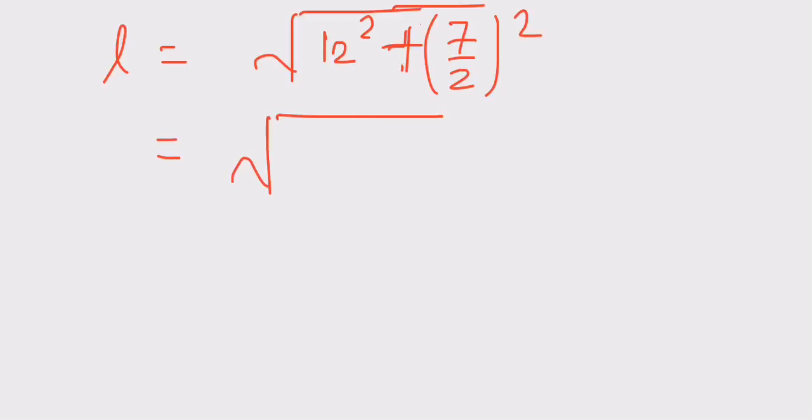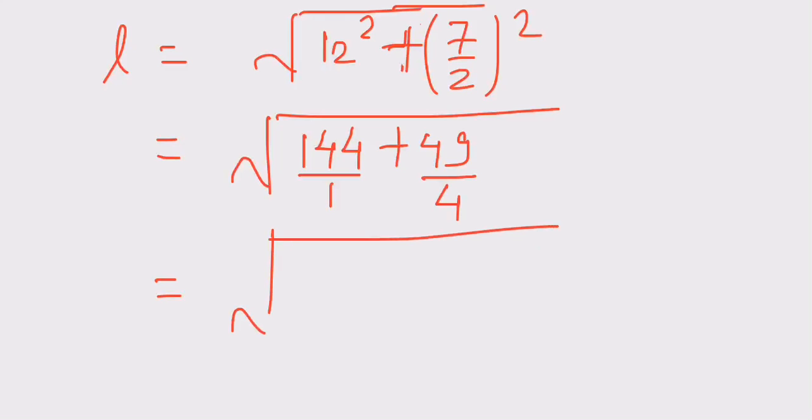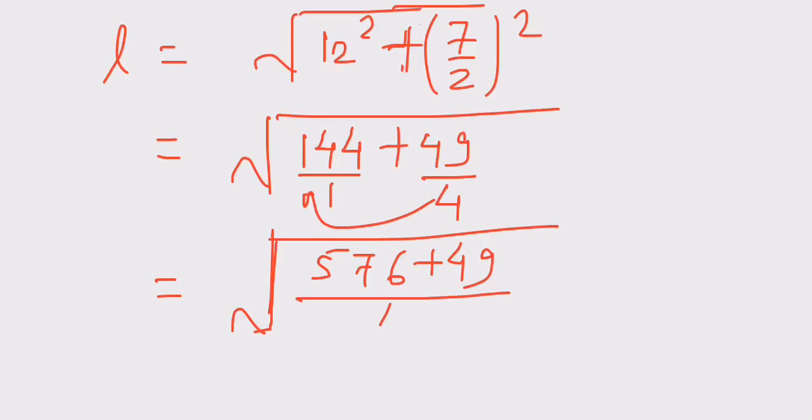So now 12 square is 144, and 7 upon 2 squared is 7 square, that is 49, over 2 square, that is 4. When we solve this further, the square root is for the denominator as well as for the numerator. This 4 and 144 will get multiplied and the answer will come out as 576, and 49 will remain as it is. Now 4 will be there.